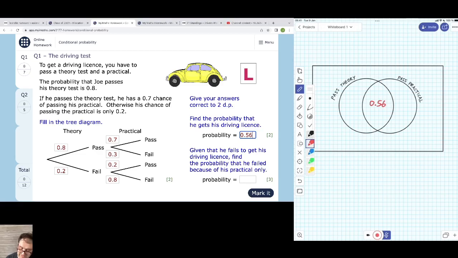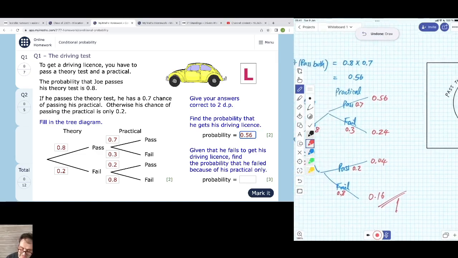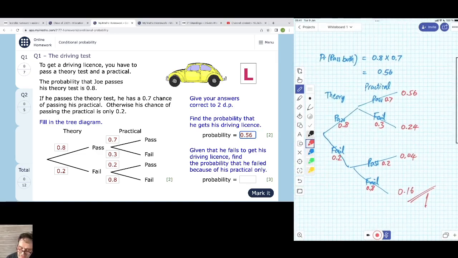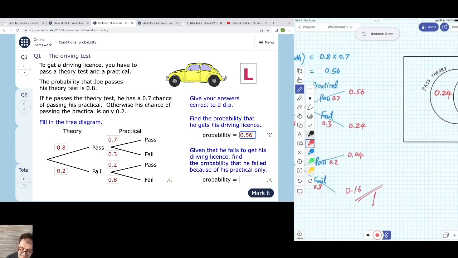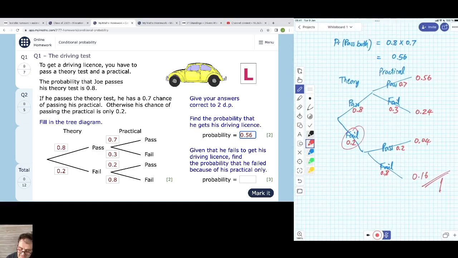If he passes the theory but fails the practical, then he's in this bit here, and that's 0.24. If he fails the theory but passes the practical, then he's in this bit. So fail theory, pass practical, that's 0.04.